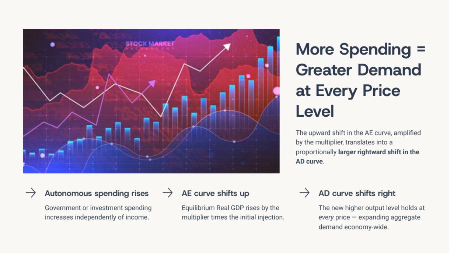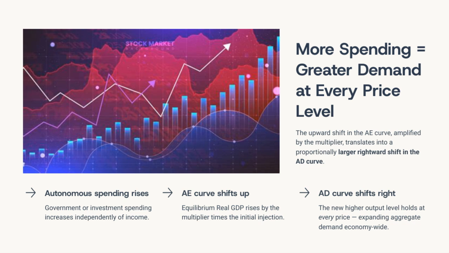This shift reflects an overall increase in demand across the economy. As a result, the equilibrium real GDP rises, and this increase is multiplied by the multiplier effect based on the initial injection of spending.